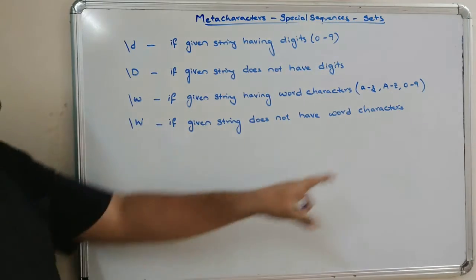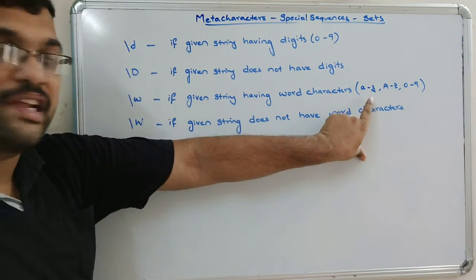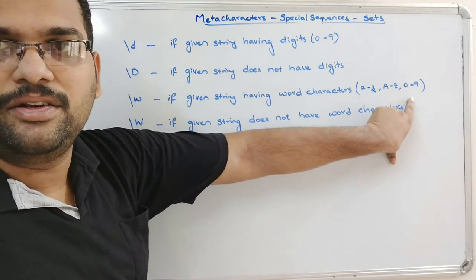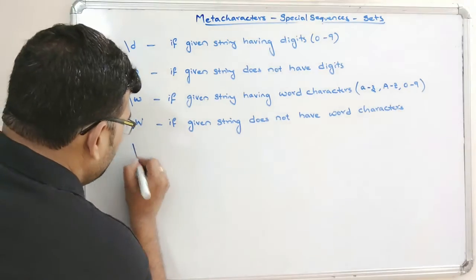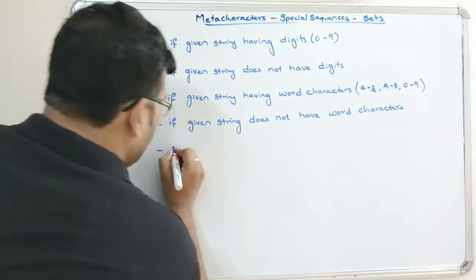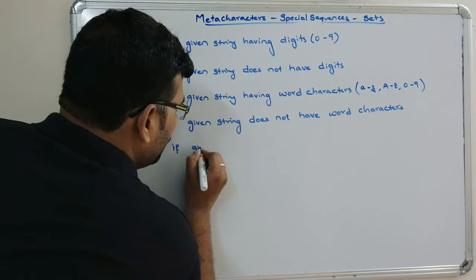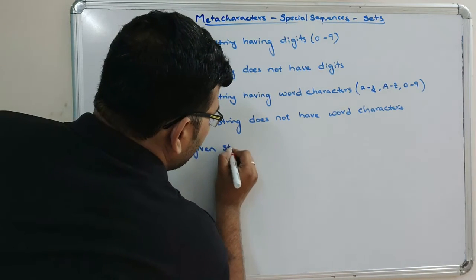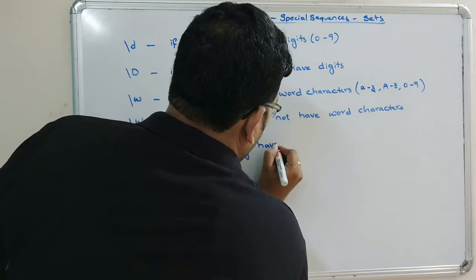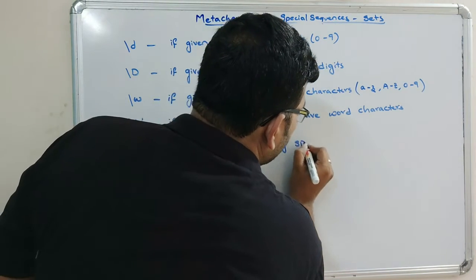Right? So again the word characters come under small lowercase alphabets, uppercase alphabets, as well as the numerical digits 0 to 9. And then small s. It returns a match if the given string is having spaces.